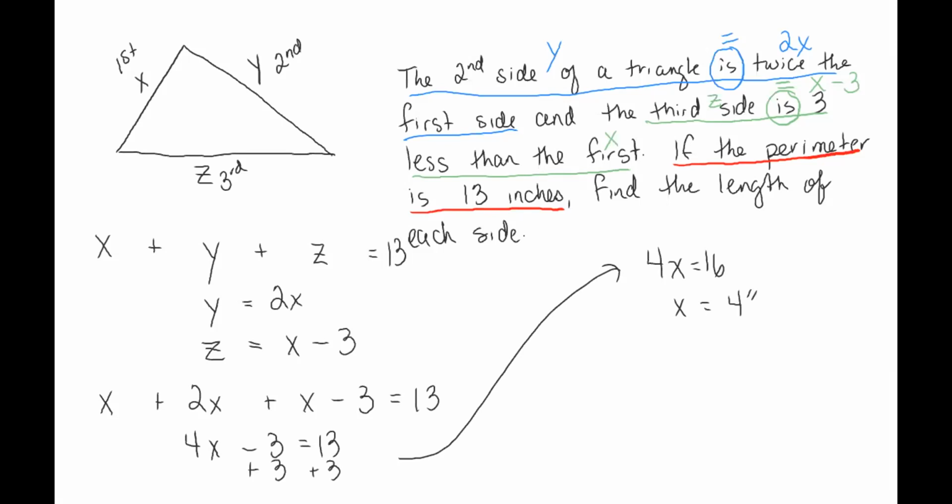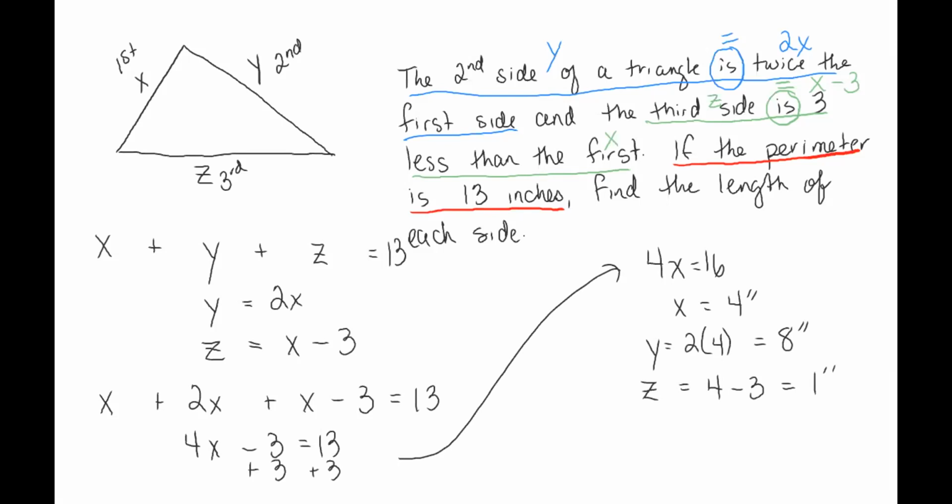Let's see if we can find the other values. Y is 2 times x, 2 times 4, 8 inches. And z is 4 minus 3, or 1 inch.